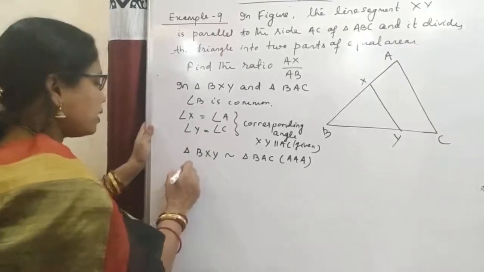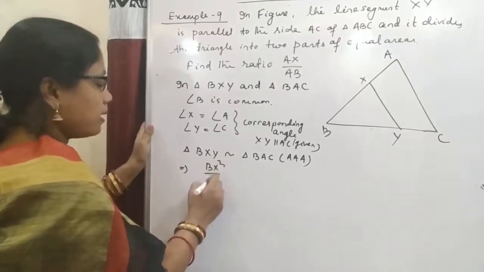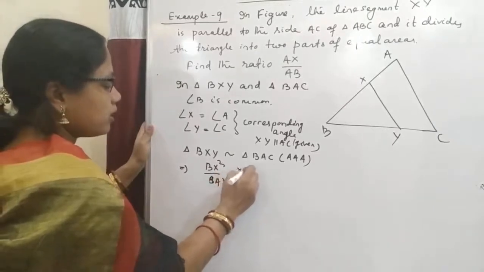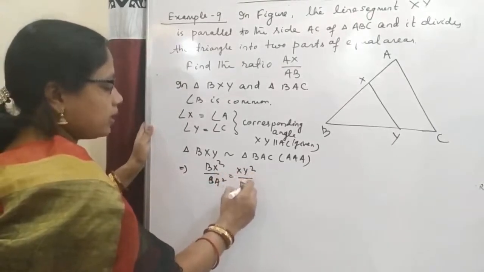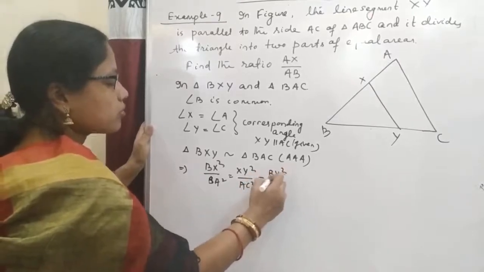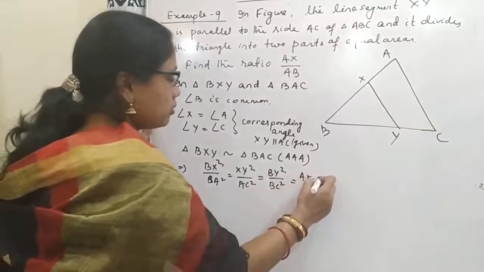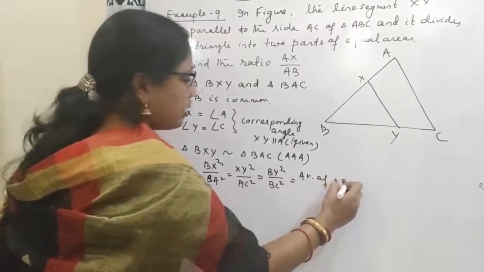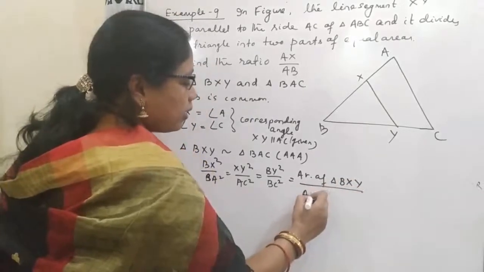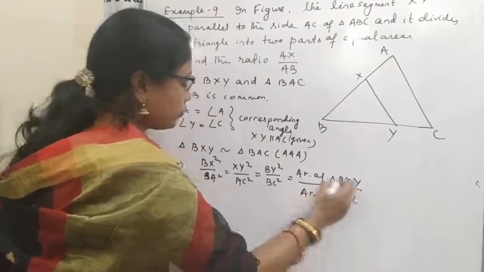So this implies BX square by BA square is equal to XY square by BC square is equal to BY square by BC square is equal to area of triangle BXY divided by area of triangle BAC.